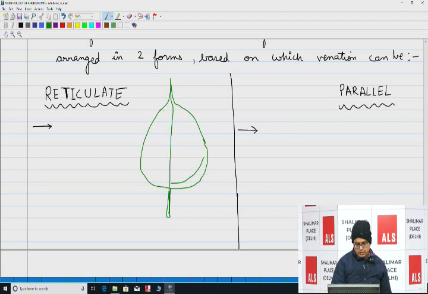Okay, so what is happening here? Like this. And between this is a very fine, elaborate, dense network of veins and veinlets like this.